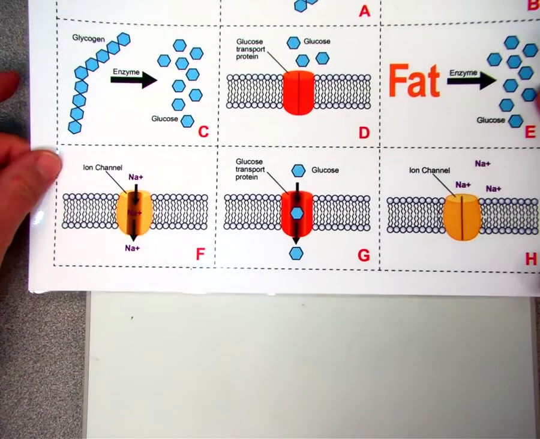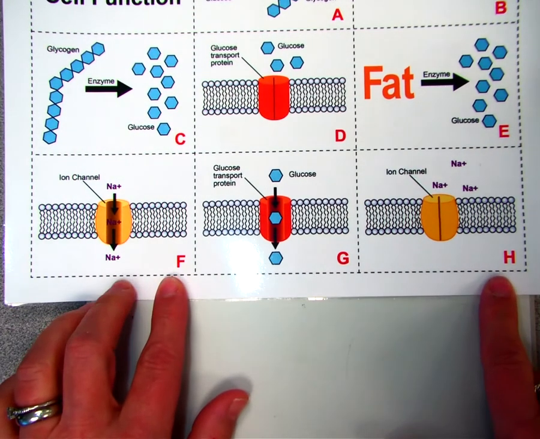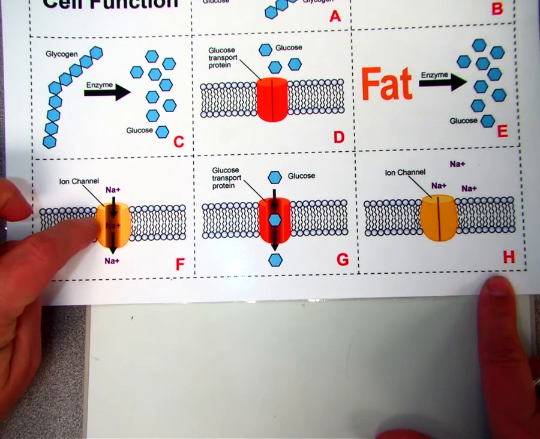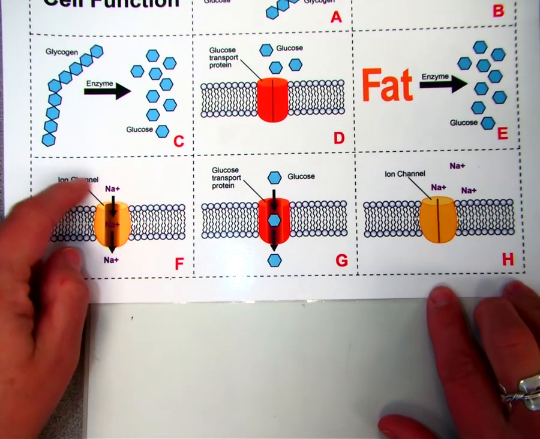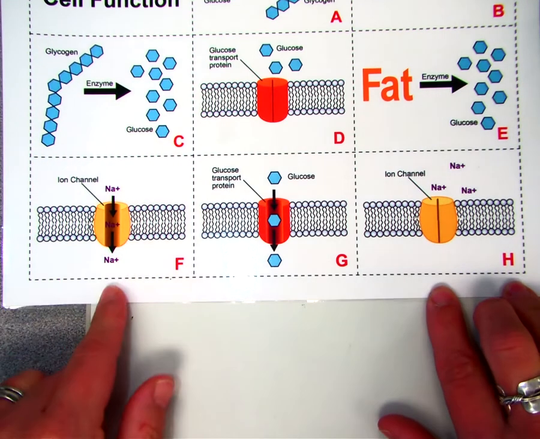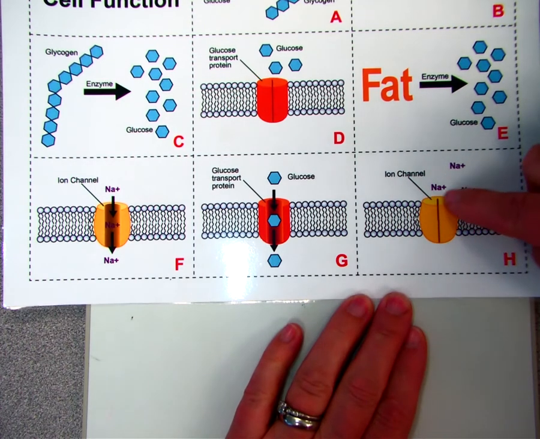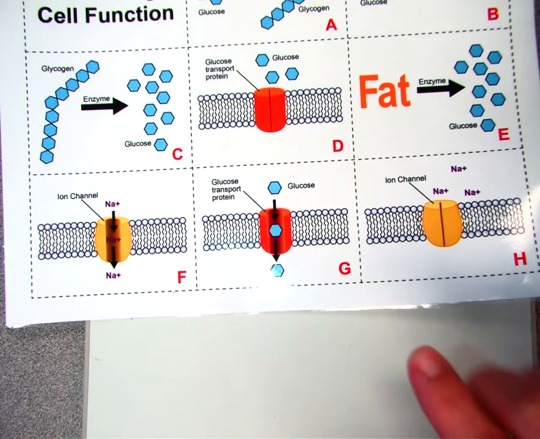So if you look at this diagram, there's a question in your lab, whether it's F or H. In this case, the transport protein has been opened up. Okay, the neurotransmitter came in, it opened it up, the sodium was allowed to flow across and start the next signal. In this case, the neurotransmitter has not opened it up yet.